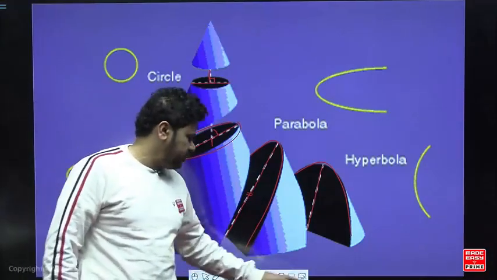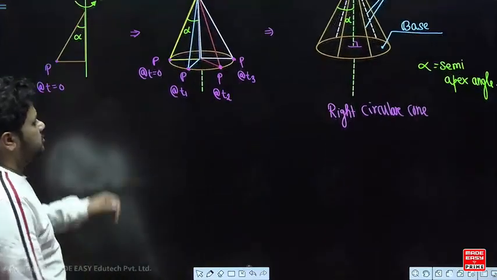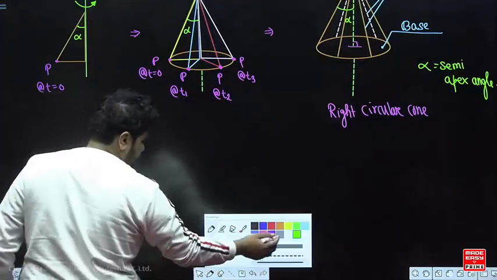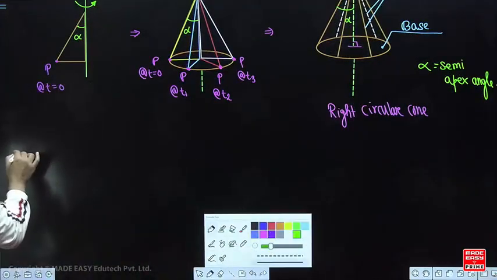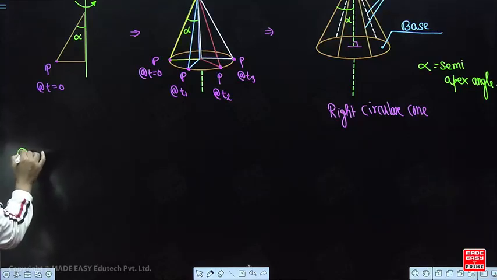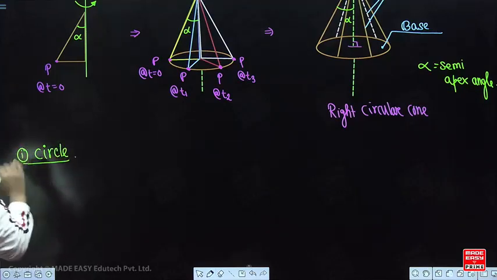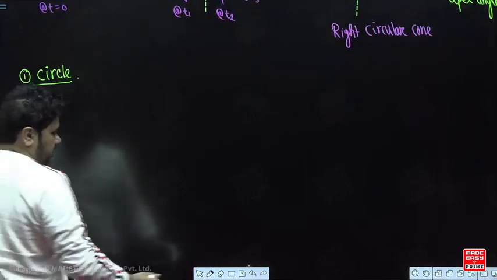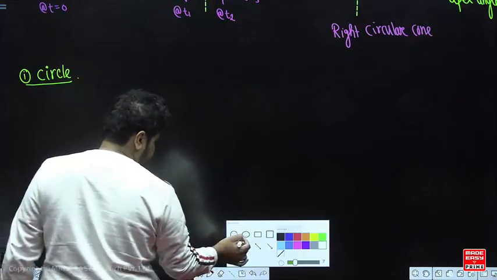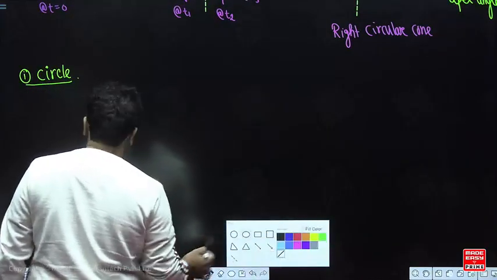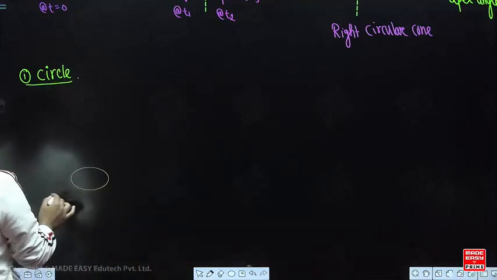Fine. Now see very carefully. So conic section. The first one I am going to make is the circle, right? Let us see how to make the conic section of a circle. For this, first of all I have to make a cone.